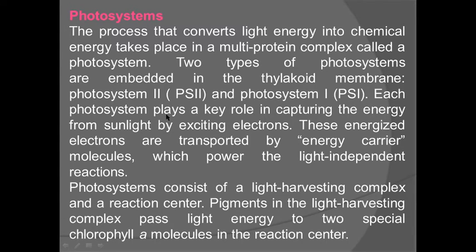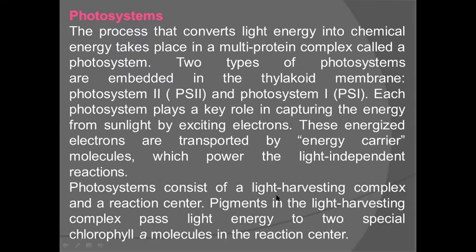Each photosystem plays a key role in capturing the energy from sunlight by exciting electrons. These energized electrons are transported by energy carrier molecules which power the light independent reactions.